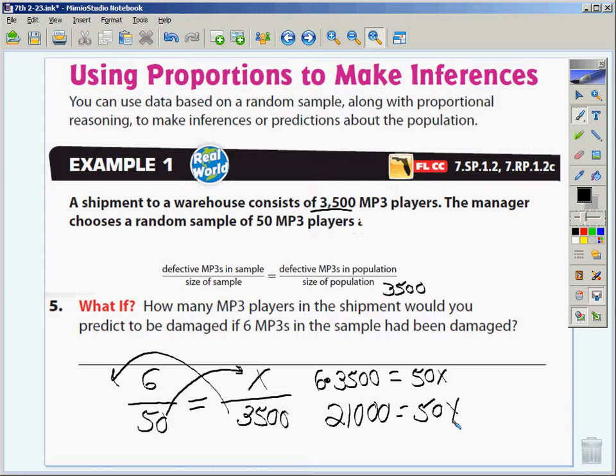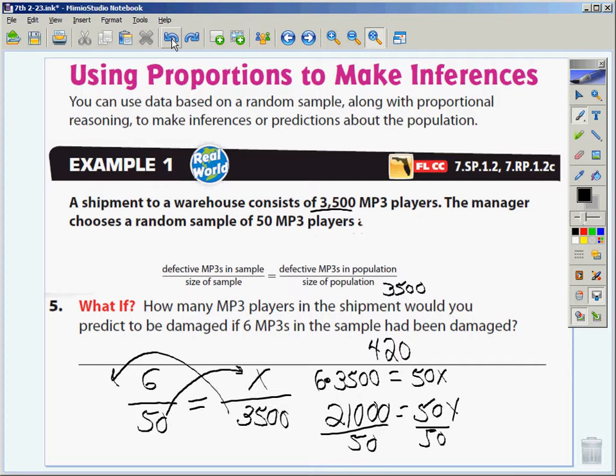Divided by 50. Take that 21,000 you just had and divide it by what? 50. What is 21,000 divided by 50? So, it can't be 420 maybe.